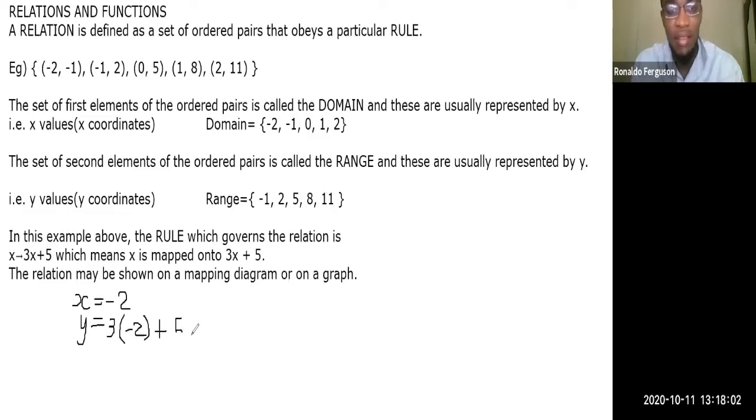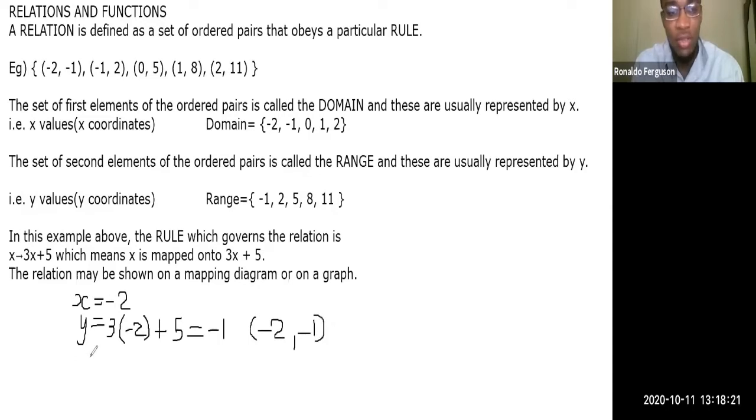That's what gives us our y value. And so 3 times -2 is -6, plus 5, which is -1. And so we have our x coordinate and our y coordinate, and that gives us our ordered pair, (-2, -1).